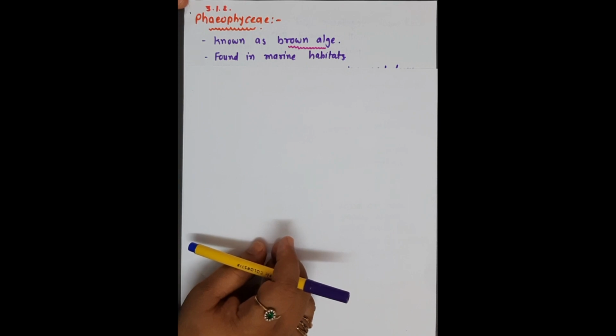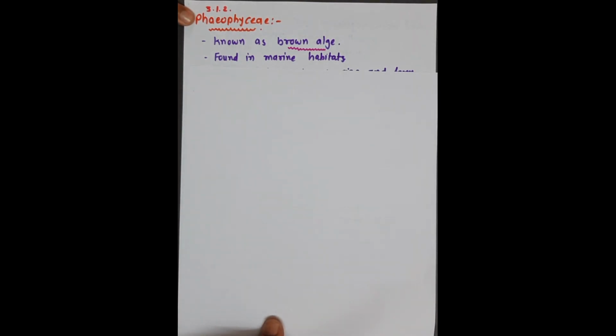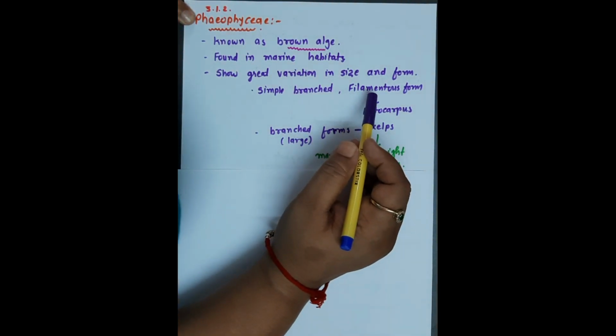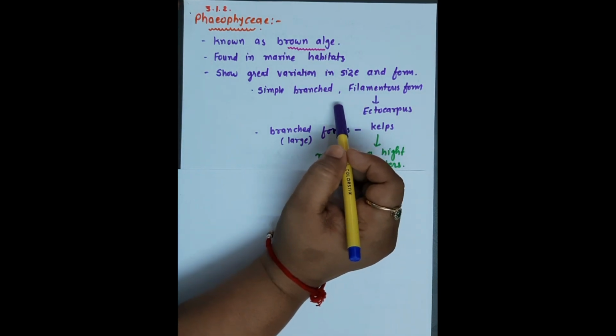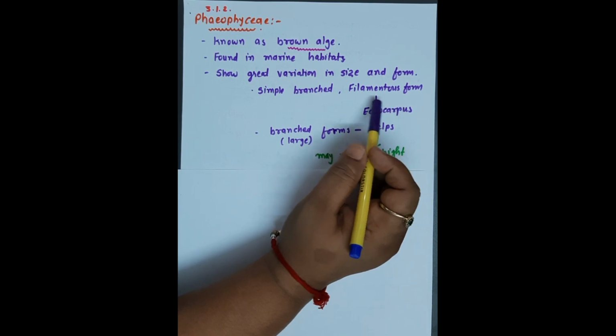found in marine habitat. Most important, Phaeophyceae, which is found in marine habitats, show great variation in their size and form. They may be simple branched filamentous form.